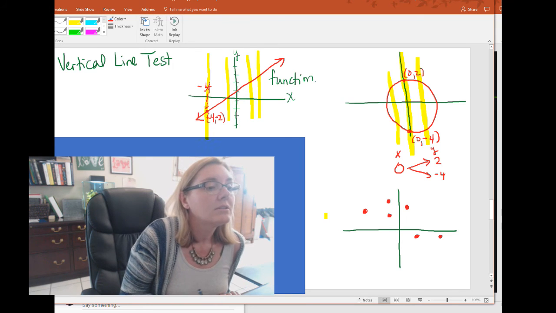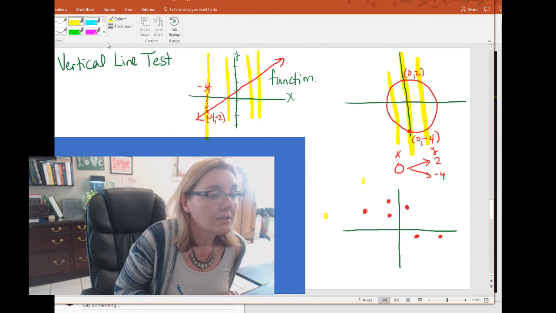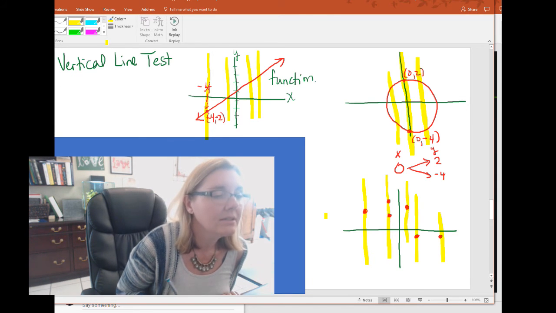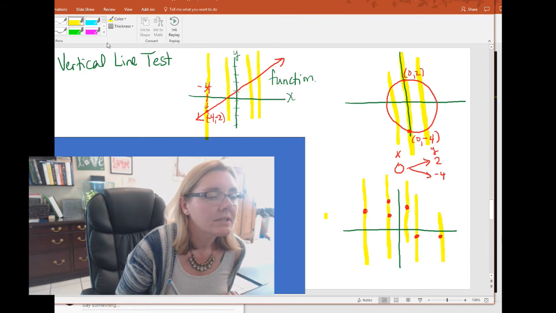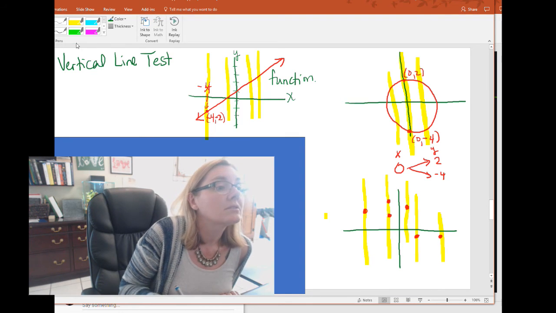Here we can identify whether it's a function or not by drawing vertical lines through every single dot. We ask ourselves, in any case, did I hit more than one dot? And the answer is yes. So it failed the vertical line test, just like the circle did. So remember, this was not a function.